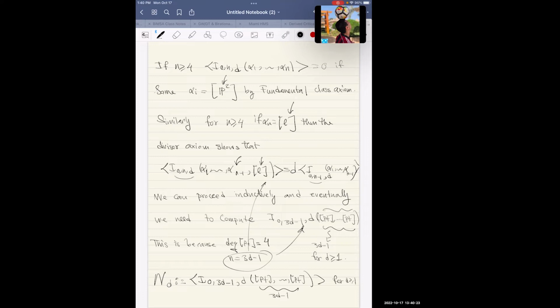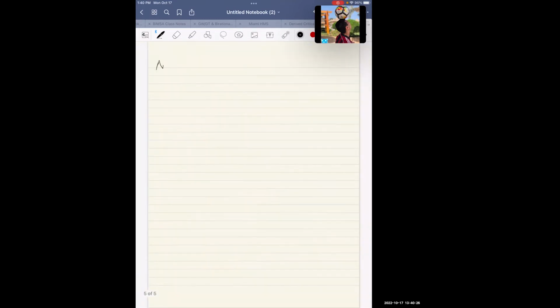So this is N d. And what is N d? N d gives the number of rational curves. They are genus 0, right? Rational curves of degree d in P2 passing through 3d minus 1 points. As clear as it can be based on that definition.